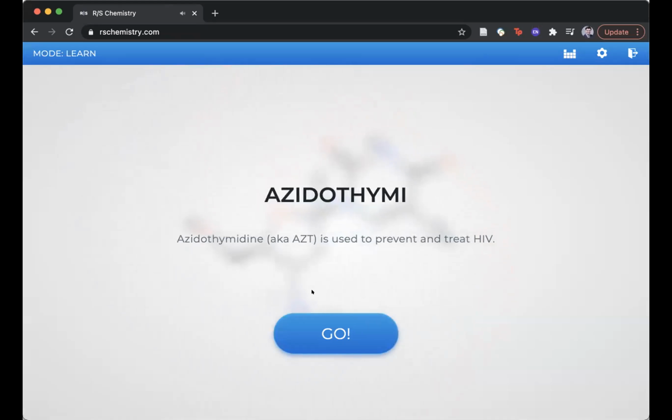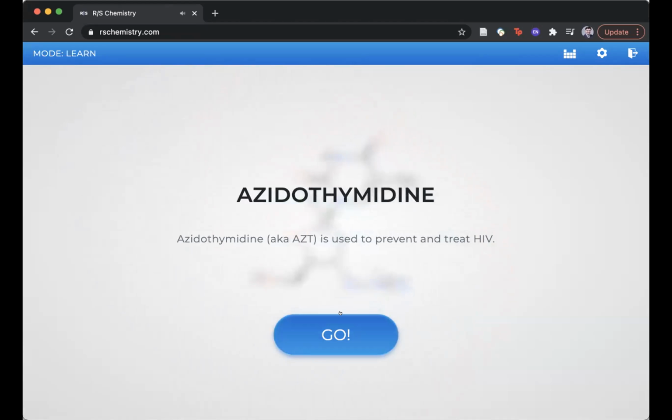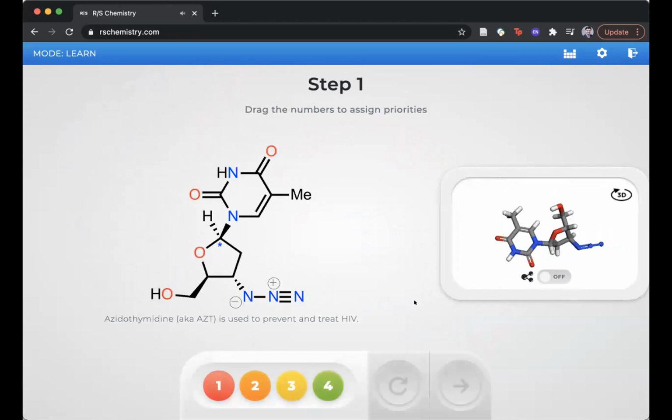Okay. Oh, cool. We're going to learn about a molecule that we use to prevent and treat HIV. So in this molecule, in this chiral carbon, the one that is starred, we're going to assign first priorities, right? So I guess number 1 priority is the one attached to oxygen because it has the highest atomic weight.